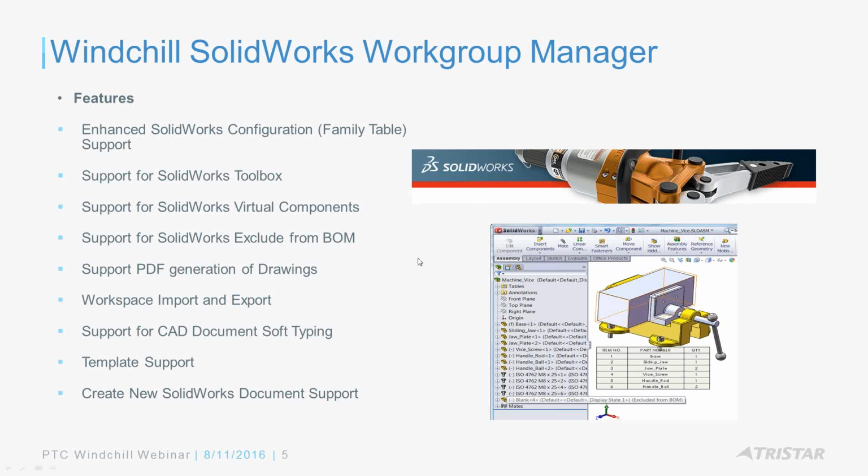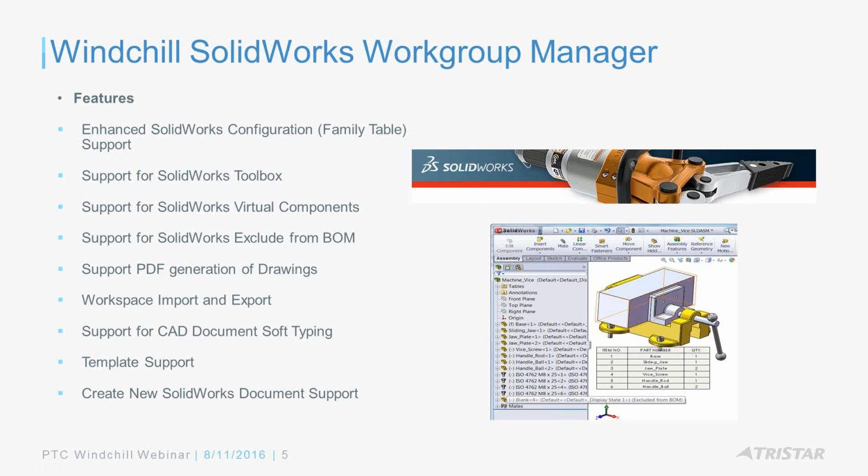That's done through configurations. Windchill will actually give you a lot of options to map and manage all of those and expose those and give you a where-used to see which of the actual configurations is used in which assemblies. You can also load toolbox components or manage your toolbox library directly in Windchill or in synchronization with Windchill, depending how it's set up.